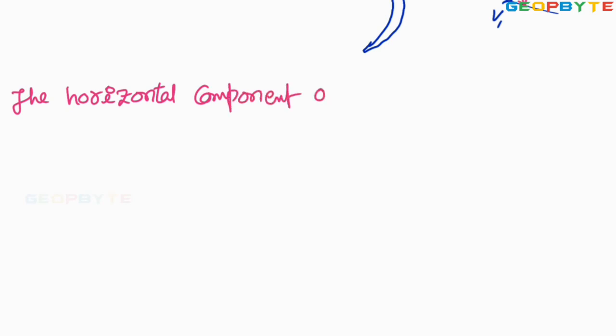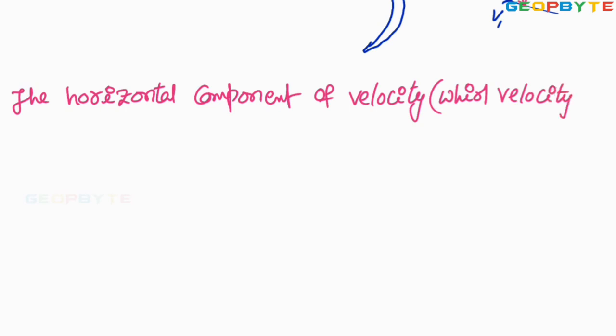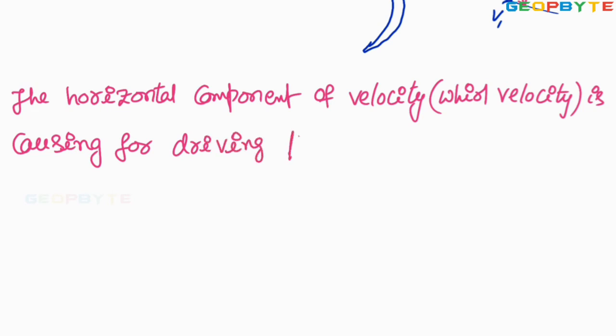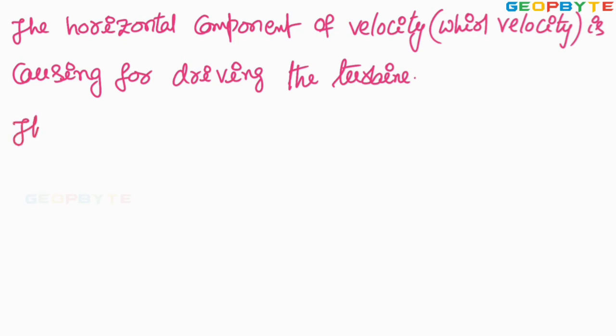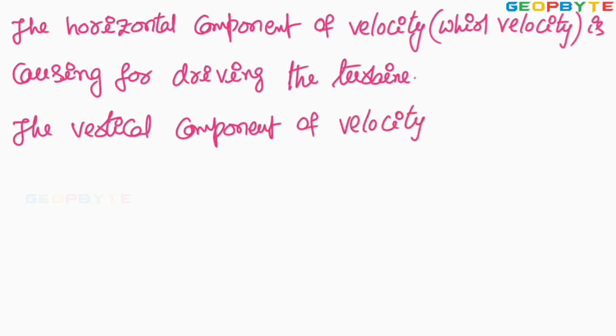Let me write that point. The horizontal component of velocity is called whirl velocity, and is causing the driving of the turbine, whereas the vertical component of velocity is also called flow velocity.